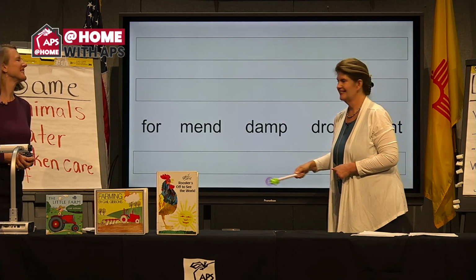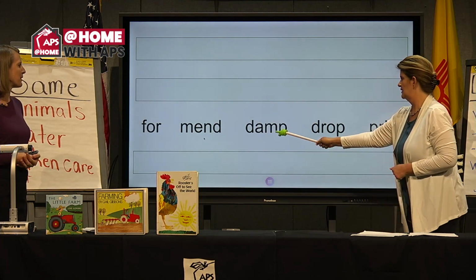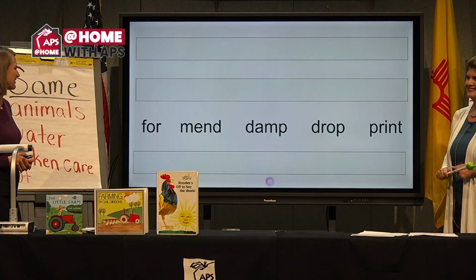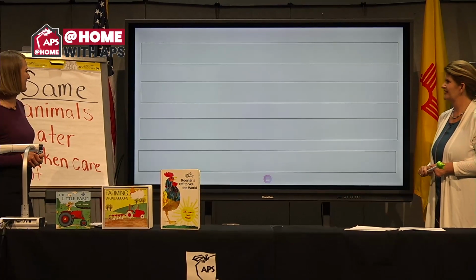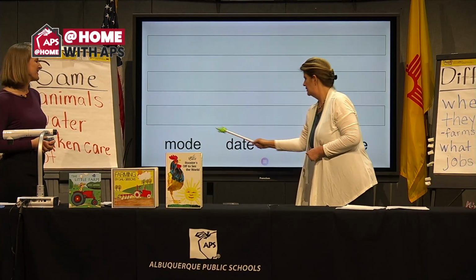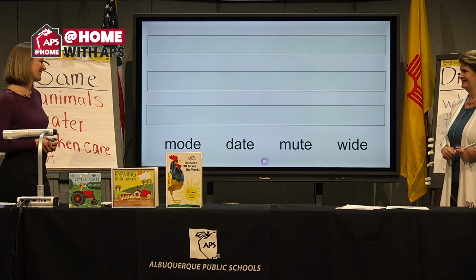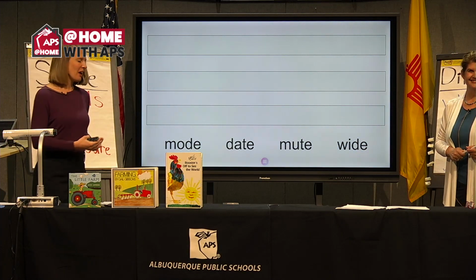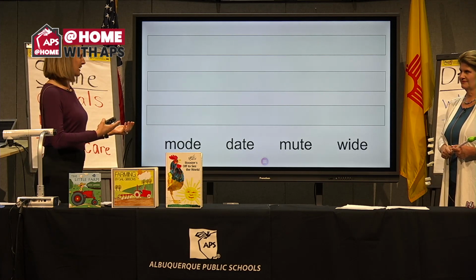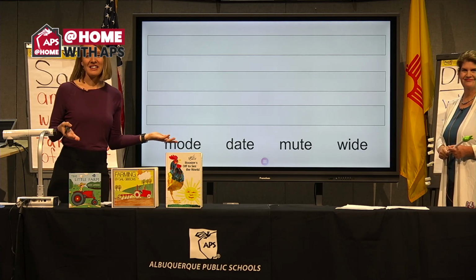Here we go. For, mend, damp, drop, print. One more line. Here we go. Mode, date, mute, wide. Excellent work. These were all real words that you can practice over and over again using the rules that we just practiced with for encoding and decoding.